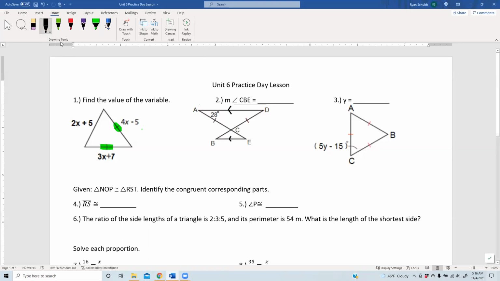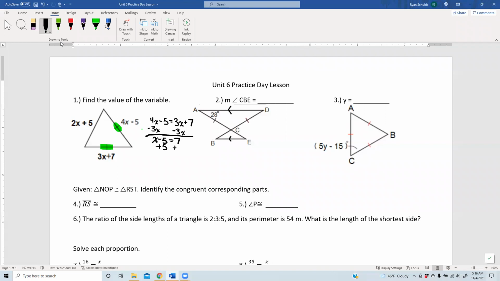So let's do that. We're going to have 4x minus 5 equals 3x plus 7. Subtract our 3x. We'll get x minus 5 equals 7.